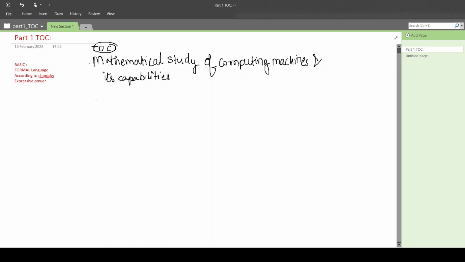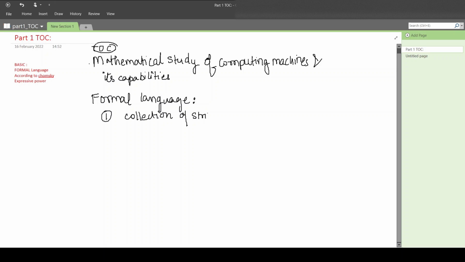Next, if we talk about formal languages, TOC is all about thinking, logical things. If we talk about formal languages, the first thing we will think is that it is a collection of strings.